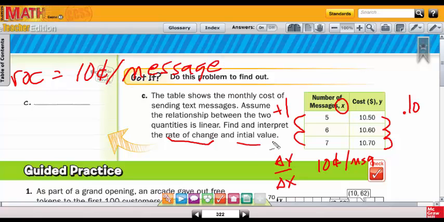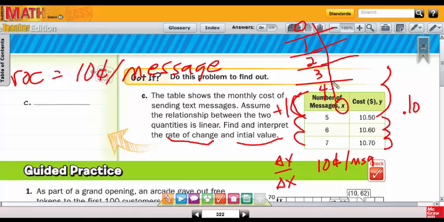Now our initial value, or our y-intercept, is a little bit more work. We're going to have to move back up here until we get to, we don't just move up one cell, because this next cell would be 4, and the one after that would be 3, then 2, then 1, and then finally we're up here to 0. So a quick, easy way to do this is take a look at these cells here so you can see them.